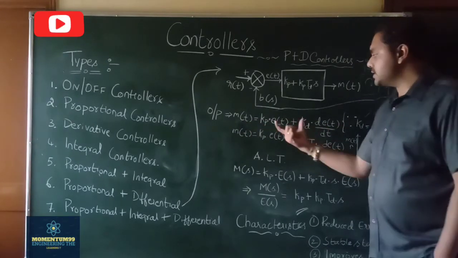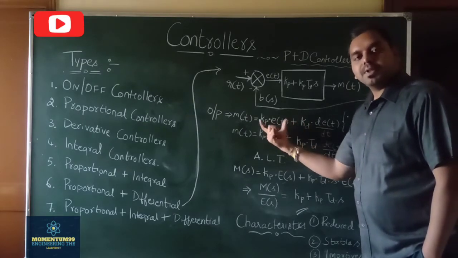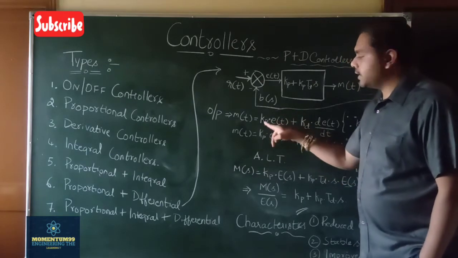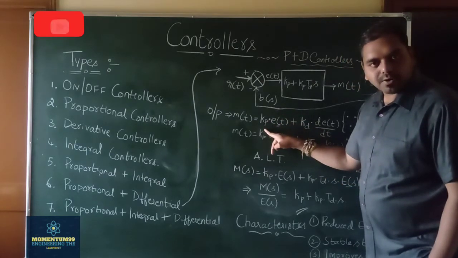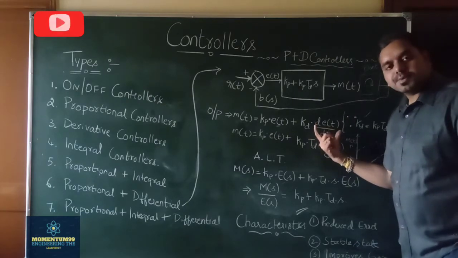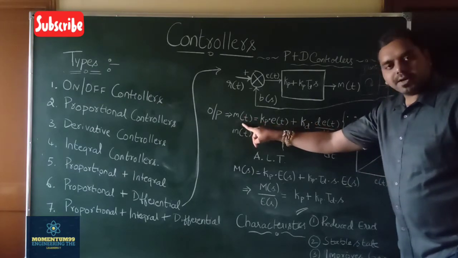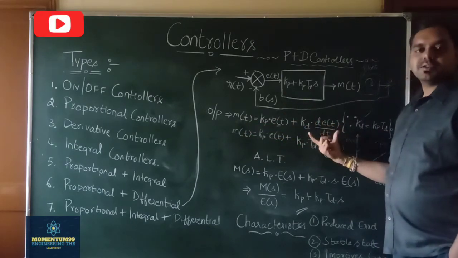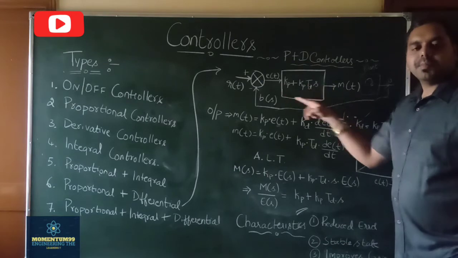The first term represents the relationship between the manipulated signal and the input error signal, considering the proportional control here, and the second term of our RHS expresses the relationship between the manipulated output of our P and D controller, considering the differential action of the differential controller in the P and D controller here.